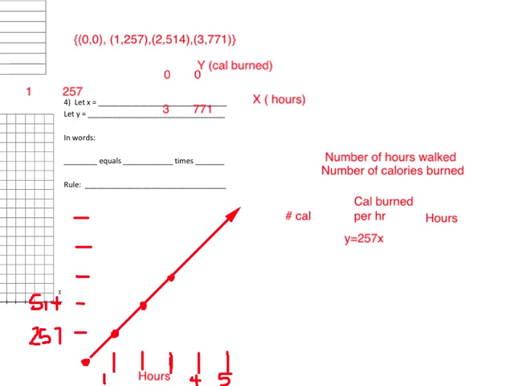So you can see the number of calories, which was y, is down here. Y equals the calories burned per hour, which we knew was 257, times the number of hours, which we said was x. So y equals 257x is the equation or rule for this function.